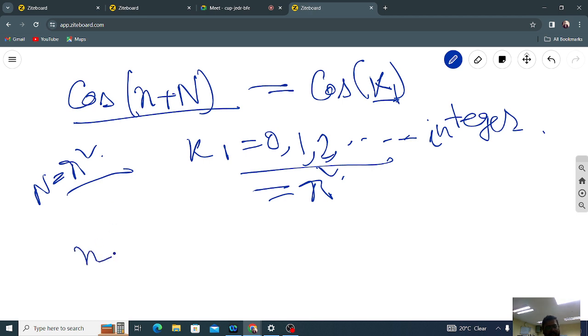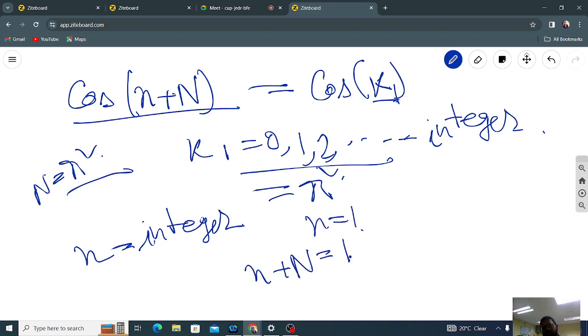So even if small n is an integer, suppose n equal to 1, then n plus n is equal to 1 plus pi square, that is a non-integer value.